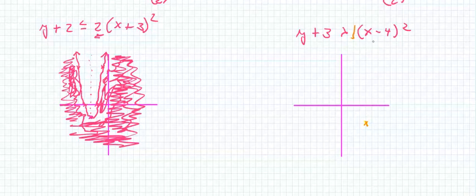Coefficient is 1 here, so it's just 1. And then 2 is 4, 1, 2, 3, 4. And then 5, 6, 7, 8, 9. We're 1, 1, 2, 1, 2.